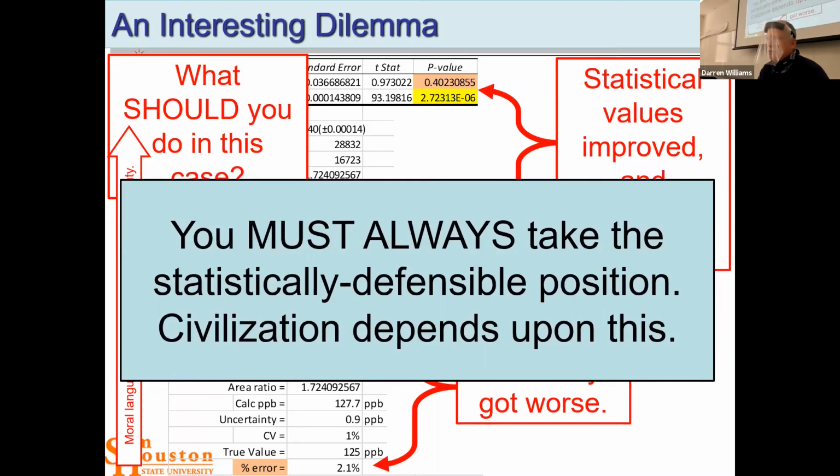And so if we were to choose the non-statistically defensible position, we're letting our bias change our decision, and that's bad. So we have to go with the statistically defensible model, even though it puts the true value outside of our limits. And that's leading us to ask more questions.